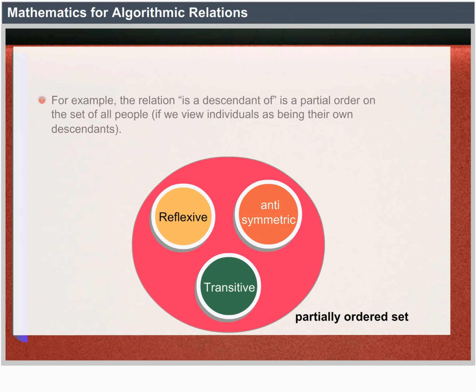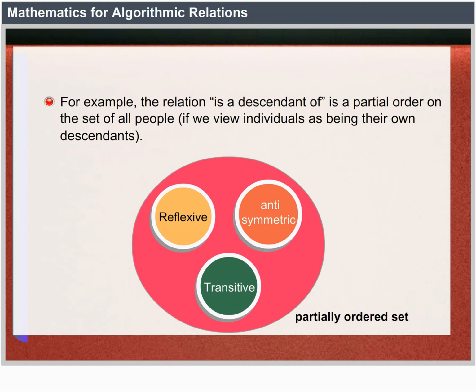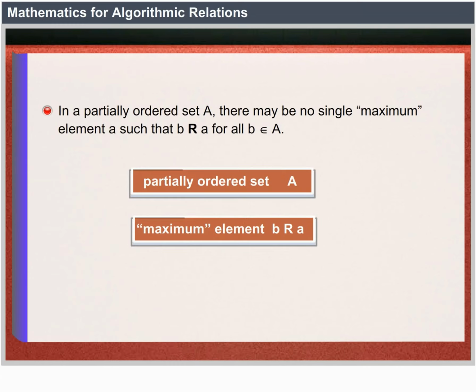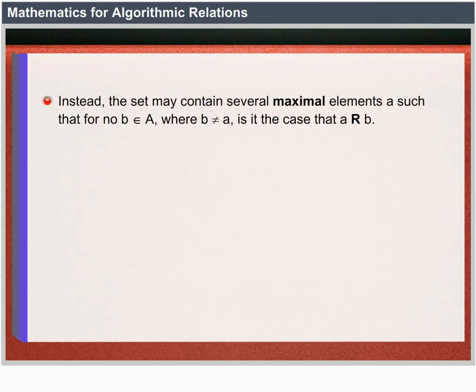For example, the relation "is a descendant of" is a partial order on the set of all people if we view individuals as being their own descendants. In a partially ordered set A, there may be no single maximum element a such that bRa for all b belonging to set A. Instead, the set may contain several maximal elements a such that for no b belonging to set A, where b is not equal to a, is it the case that aRb.